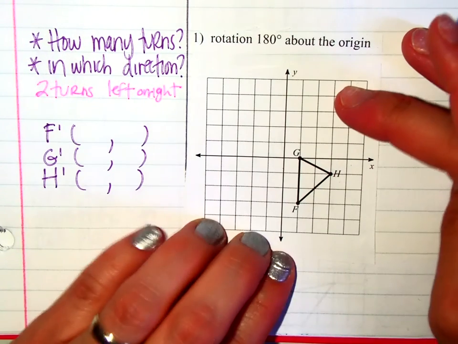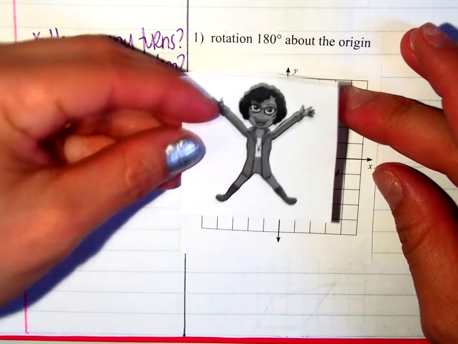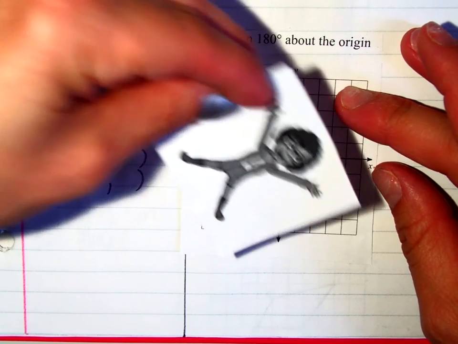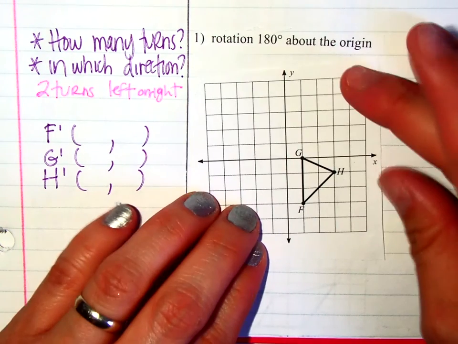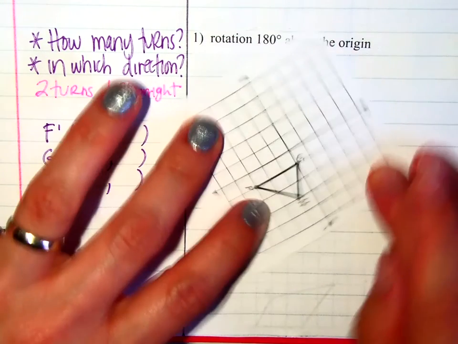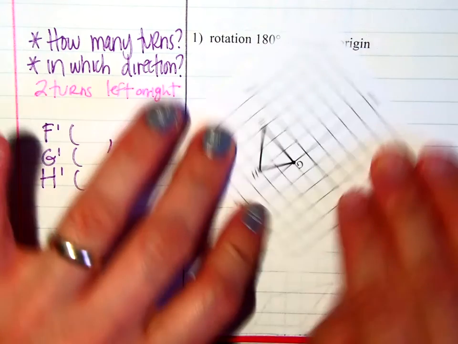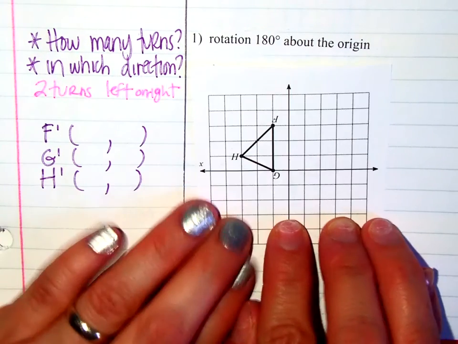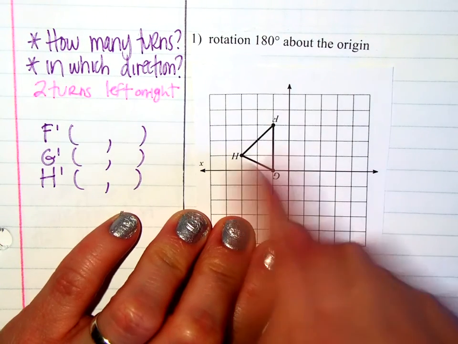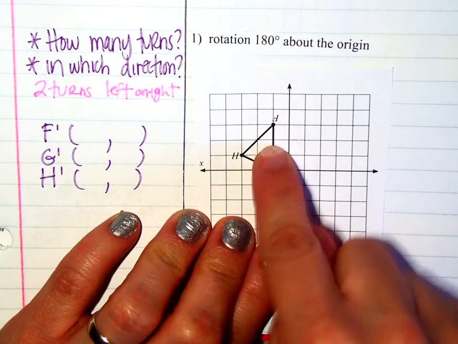So remember, this is as if I was standing like this. 2 turns means I'm going to turn 1 and then 2, okay? So here I go. I'm going to turn this paper. This would be considered 1 turn. This would be considered 2 turns. So my image or my copy would land here in this quadrant, okay?